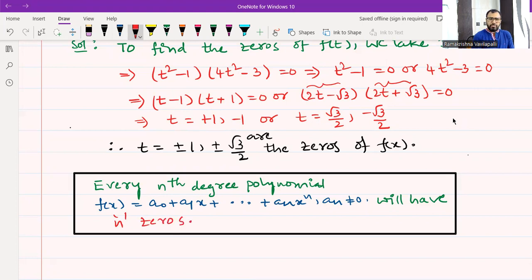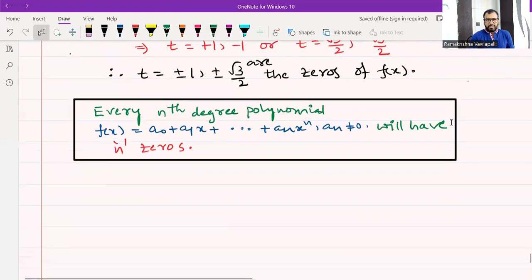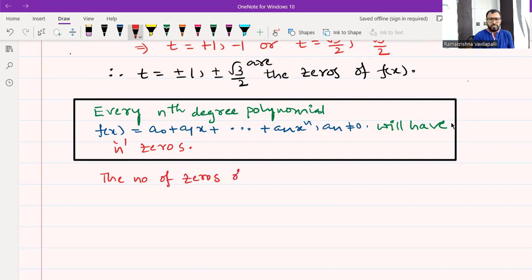So the number of zeros of a polynomial equals the degree of the polynomial.